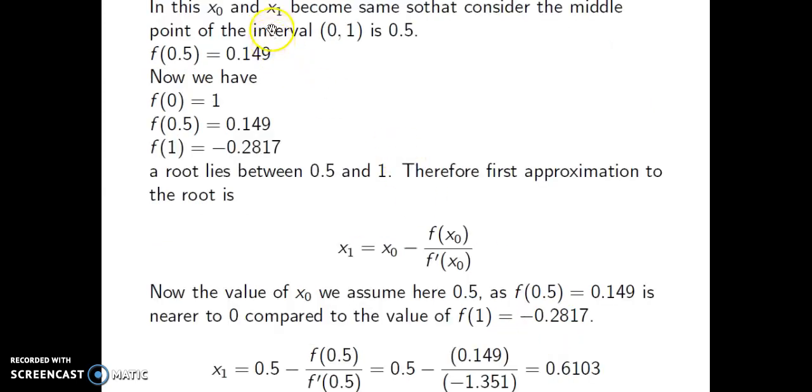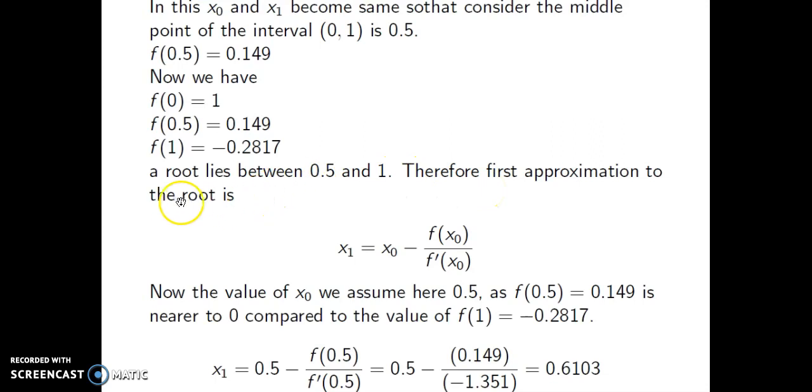Now in this, x0 and x1 become the same, so we consider the middle point of the interval 0, 1. This is our interval, and the middle point we consider is 0.5. Now f of 0.5 we calculated, it is 0.149. Now we have three values. F of 0 is positive, f of 0.5 is positive, and f of 1 is negative. So a root lies between 0.5 and 1.